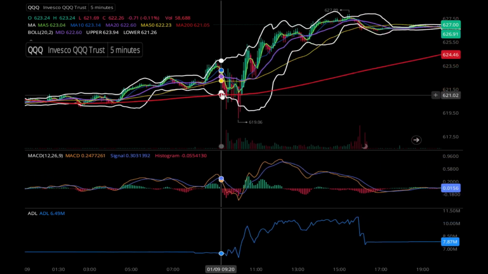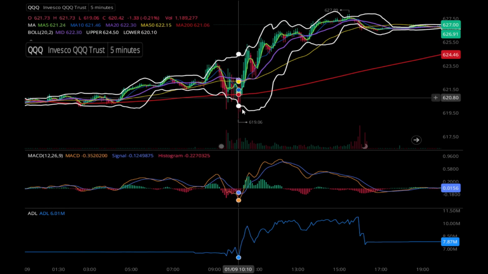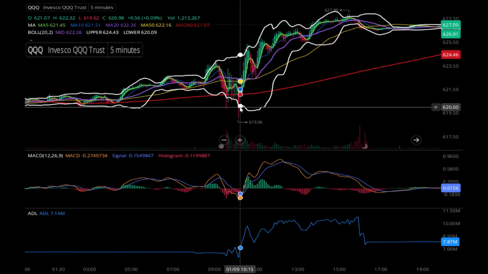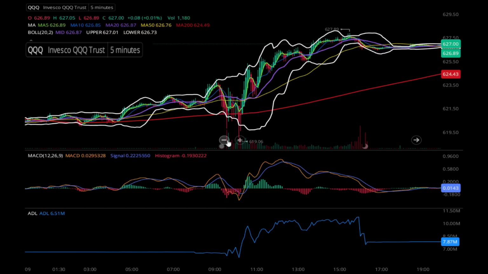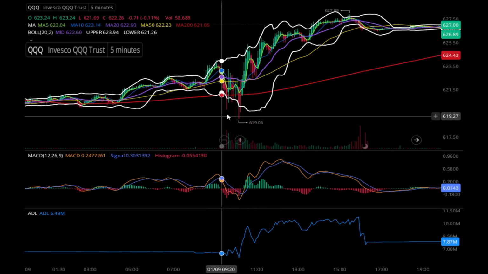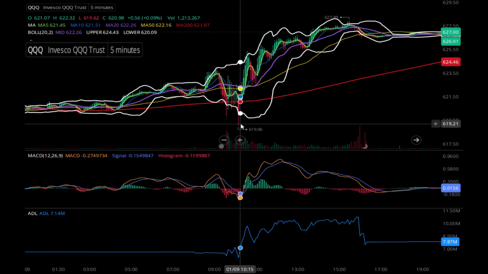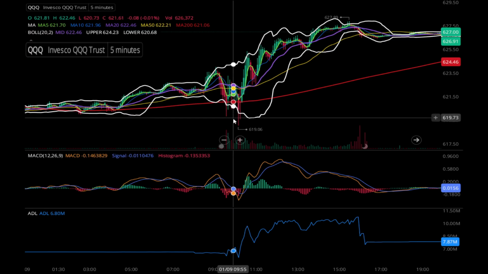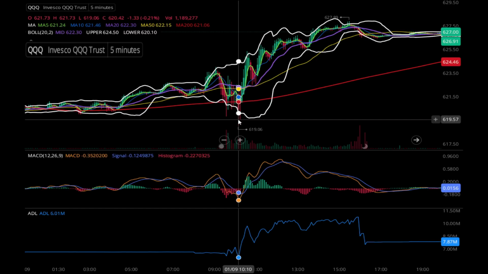Now, when the 5 minute upper or lower Bollinger is pushed into, this is a very, very, very ideal time to take a contract for the opposite side. If we're seeing the lower Bollinger pushed into on the 5 minute time frame, this is one of the best times to take a call because that's heavily telling you that this is extended to the downside.